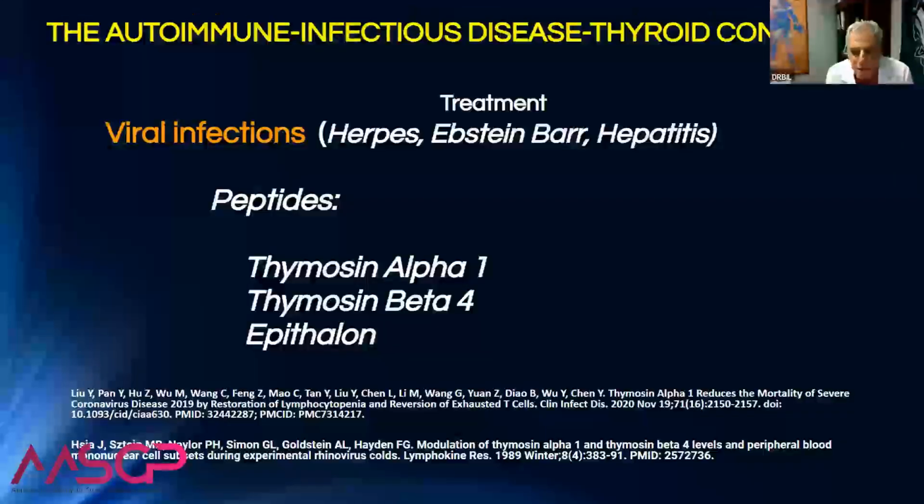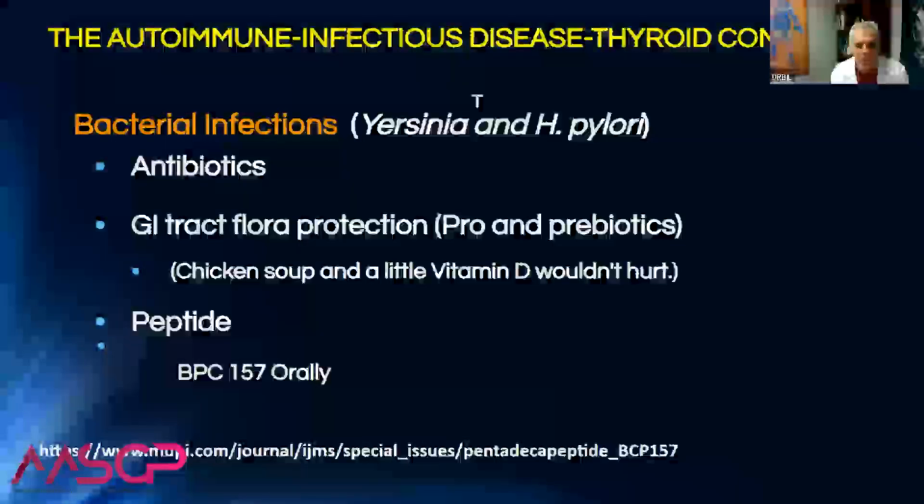We've used peptides. We know that everybody here is big on peptides, thymosin alpha-1 and thymosin beta-4. I think they're coming back. They got scarce with COVID and all, but I think they're coming back. And epithalon is another one we can use for viral infections. For bacterial infections, of course, antibiotics, GI tract flora, pre and probiotics, and even a little bit of chicken soup and vitamin D doesn't hurt.